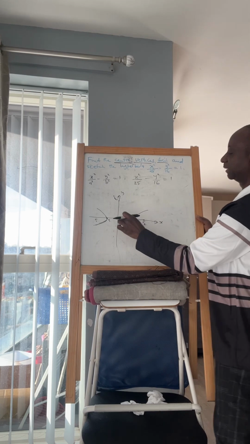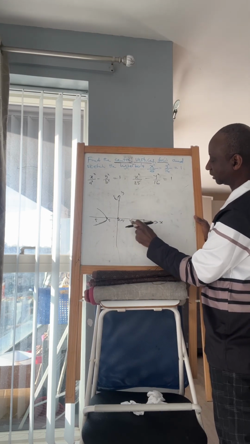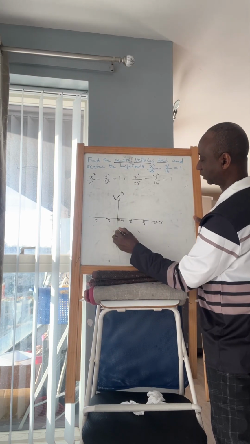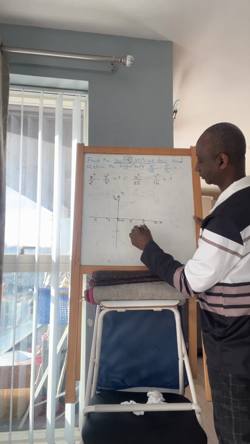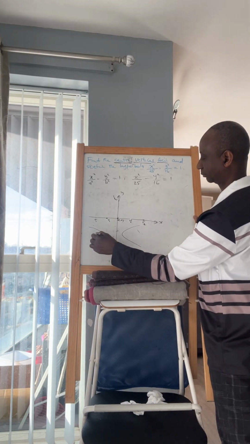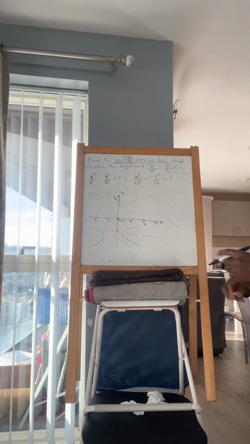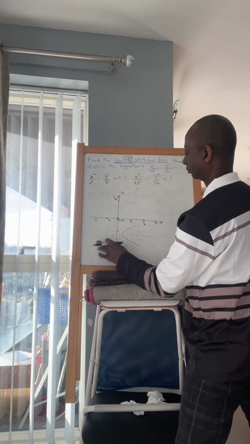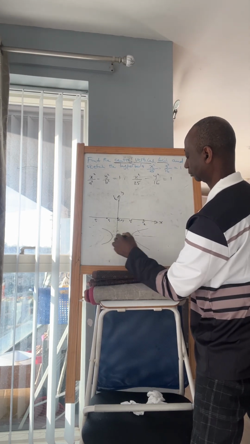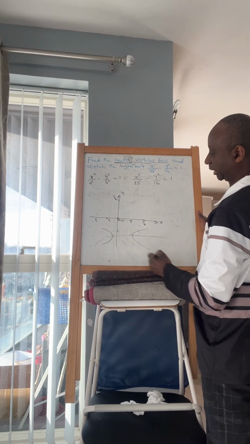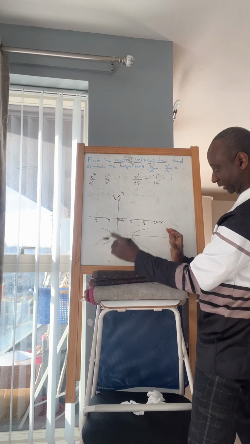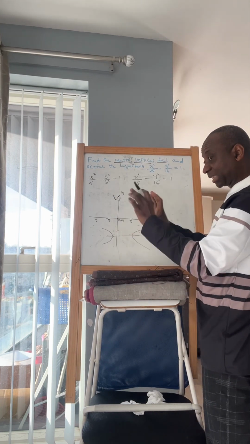Suppose now this hyperbola is not at the center. Suppose it's somewhere here. It's not at the origin, but it still has its center because the two hyperbolas are always separated equally.